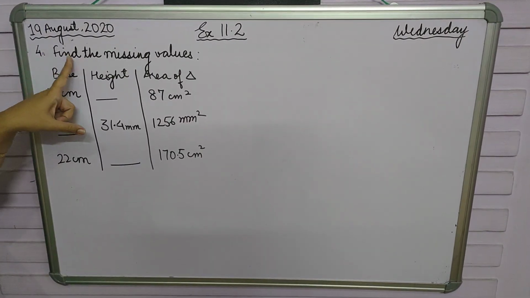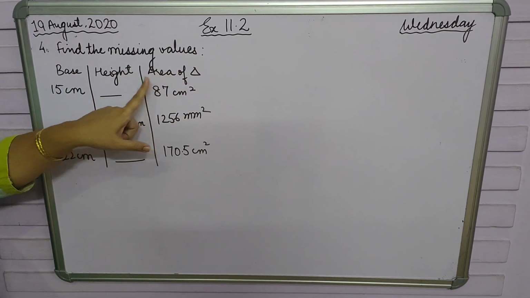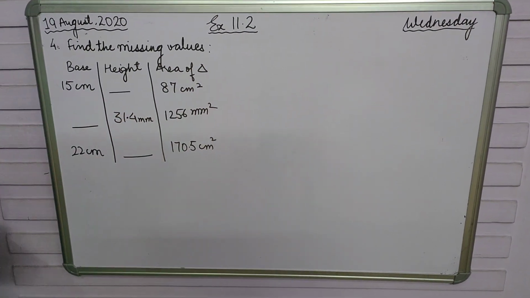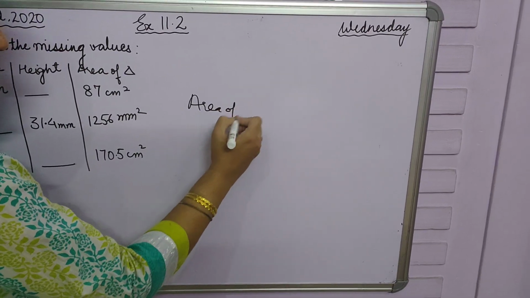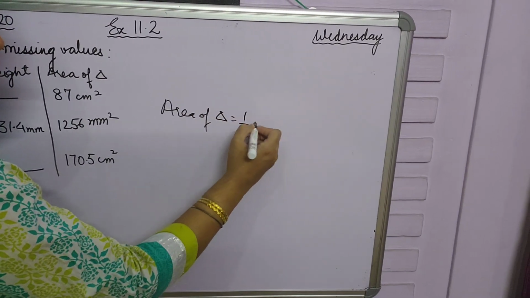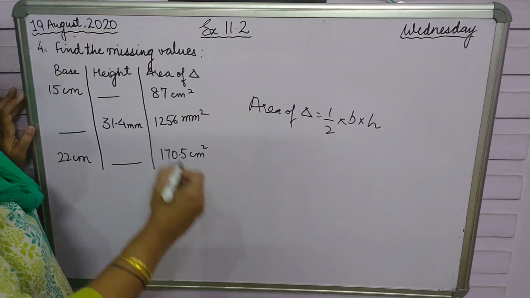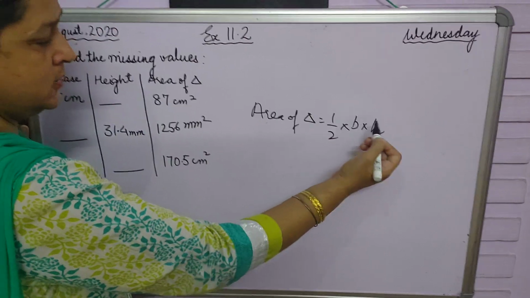Question number 4 is again find the missing values. The only difference is that instead of area of parallelogram, here we are given area of triangle. Now we already know the formula to calculate area of triangle. Since it is half of a parallelogram, we have already discussed this. So area of triangle is half of base into height.